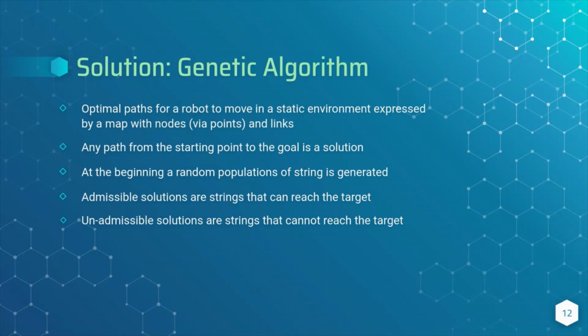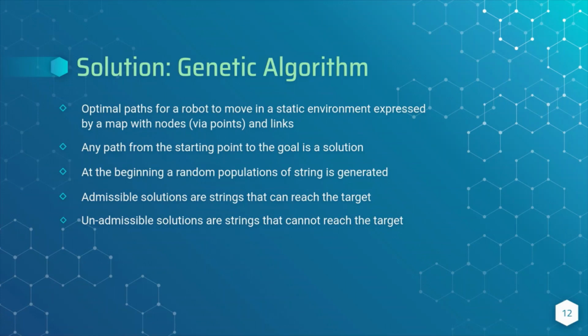I will be elaborating on the solution to the optimal path planning problem. A genetic algorithm is used to find the optimal paths for a robot to move in a static environment expressed by a map with nodes and links. In the proposed algorithm, any path from the starting point to the goal is a solution.